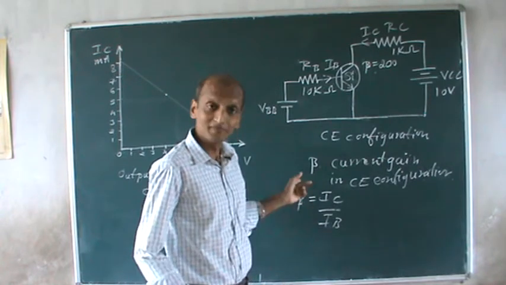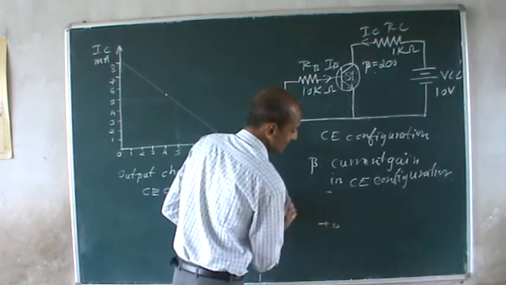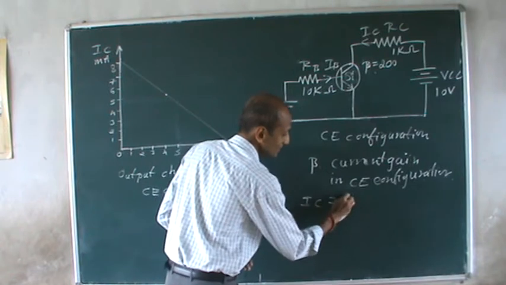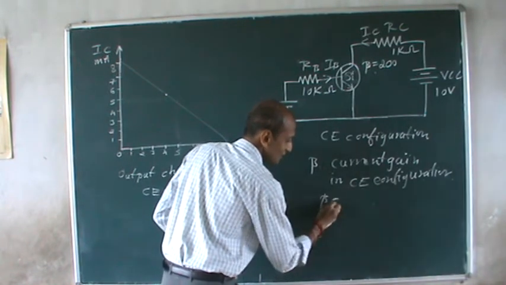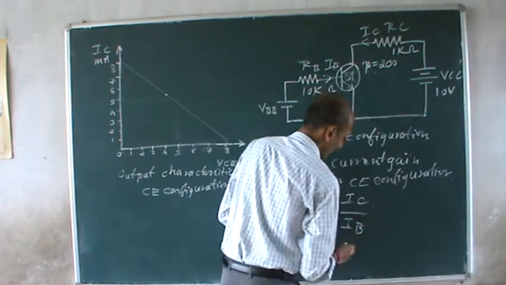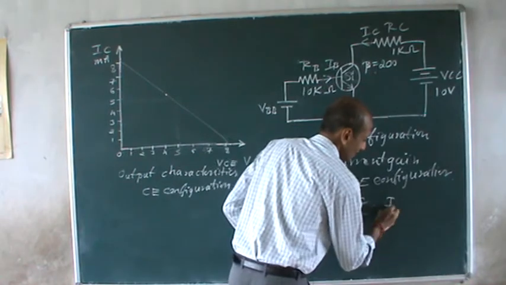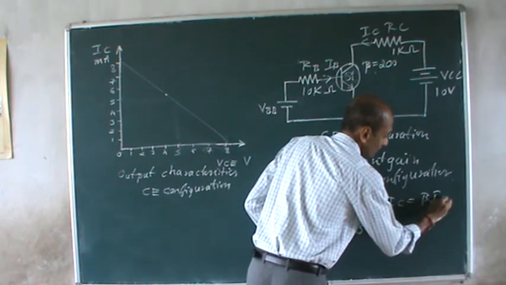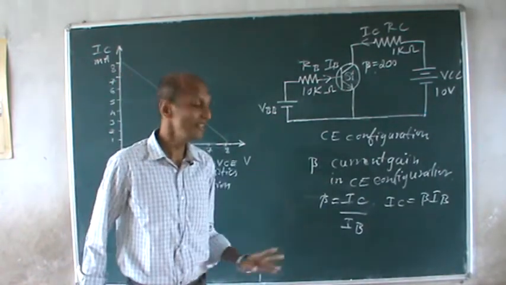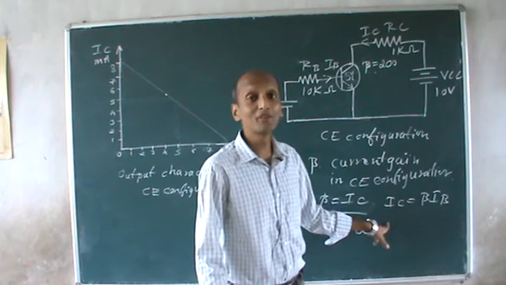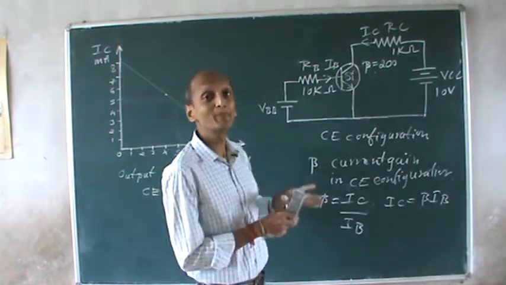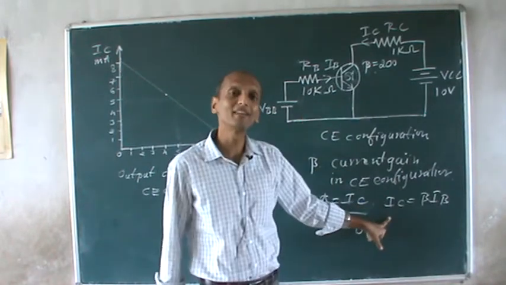Likewise, I can write IC. Since beta is equal to IC divided by IB, IC is equal to beta into IB. So we have two equations wherein I can find IC. When I know beta and IB, the input current, I can directly calculate IC.